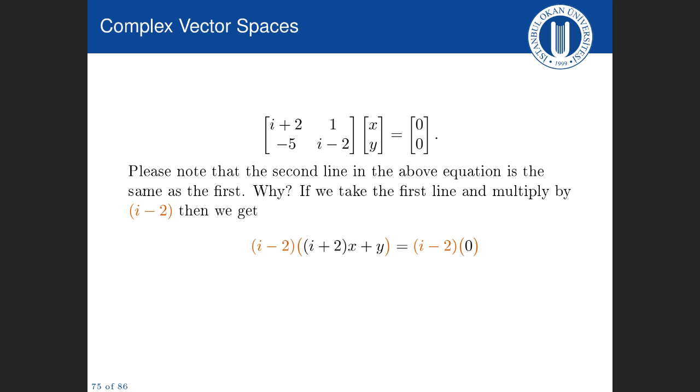Multiply both sides by i − 2. I get (i−2)(i+2)x + (i−2)y = 0. But what is this? (i−2)(i+2) is just −5.